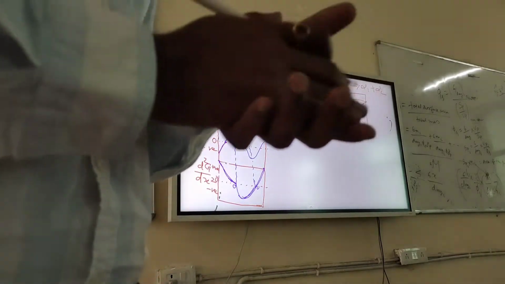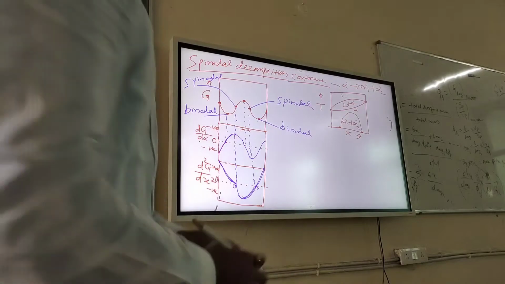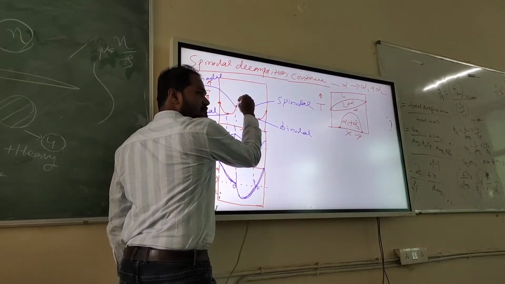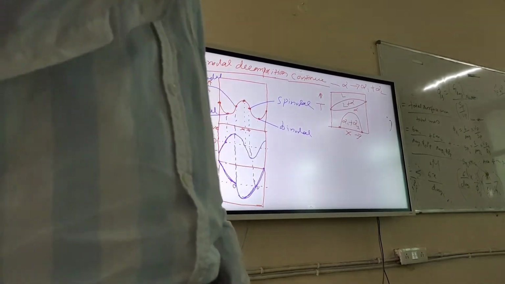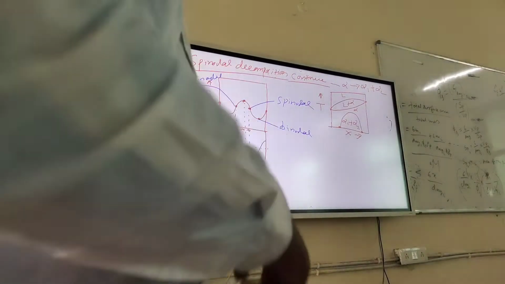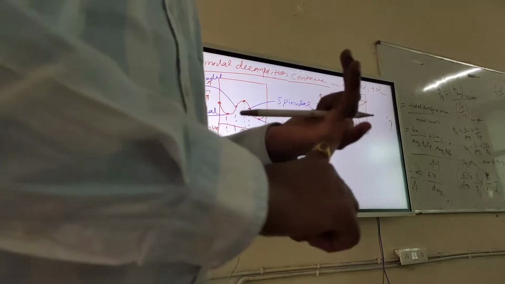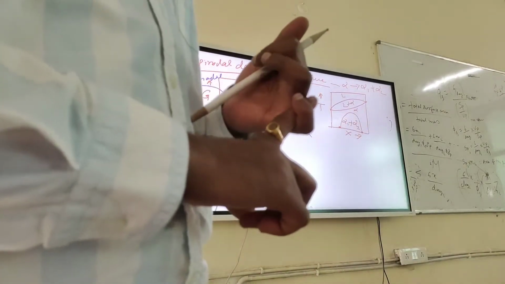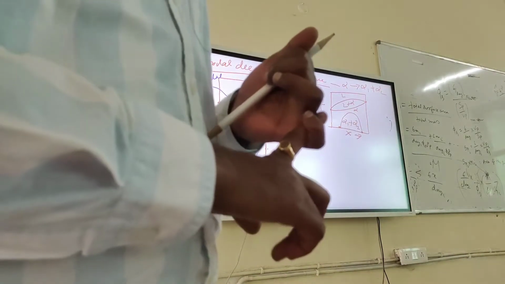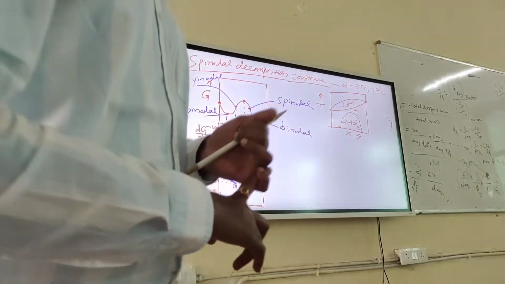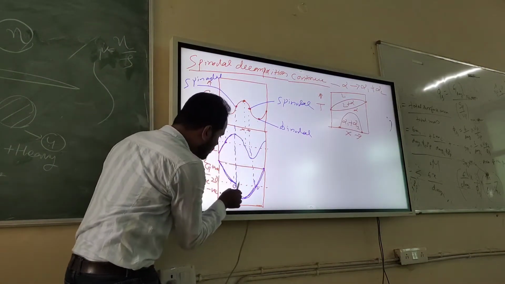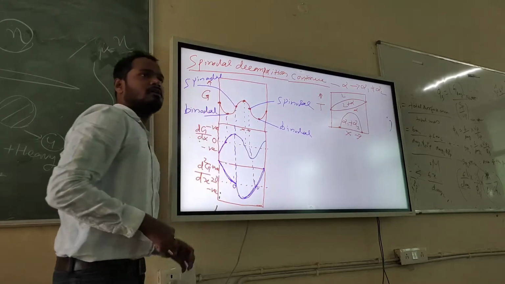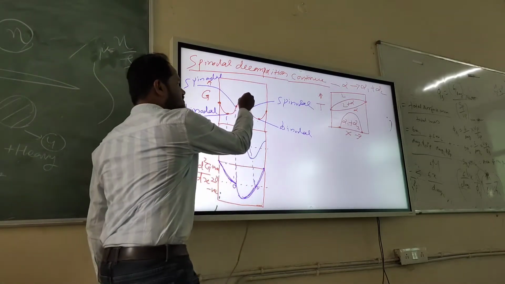And if somebody asks, if you take this region, the spinodal region, right? So in the spinodal region, d square G by dx square is how much? First question I ask: d square G by dx square for spinodal points is 0, you can see, because it is meeting 0. This point is meeting 0, and this point is also meeting 0. That's all. But inside the region, how much is it?